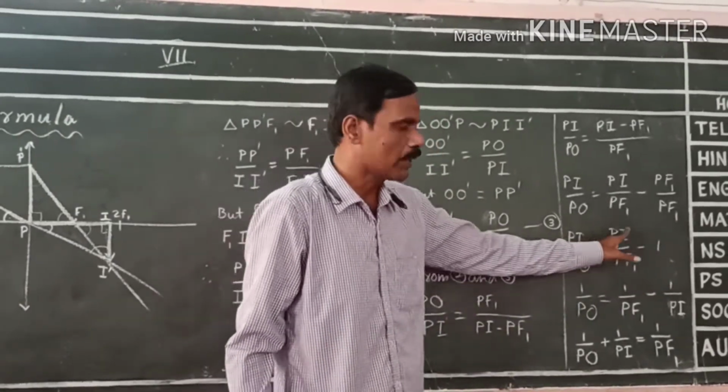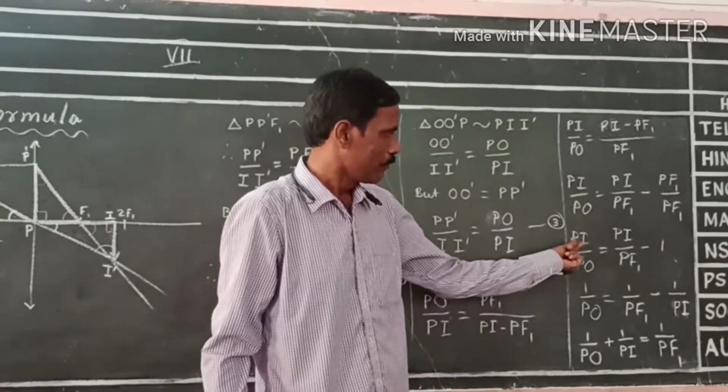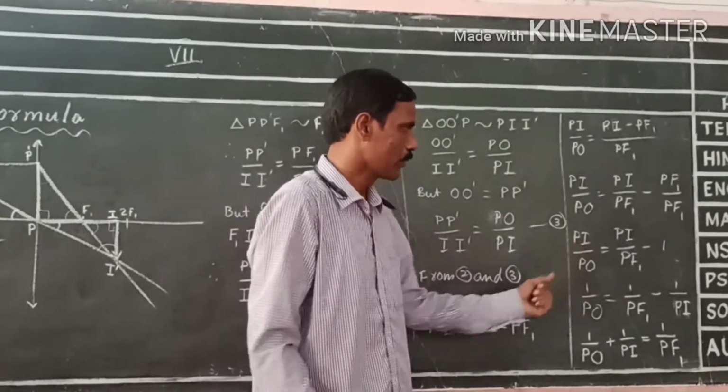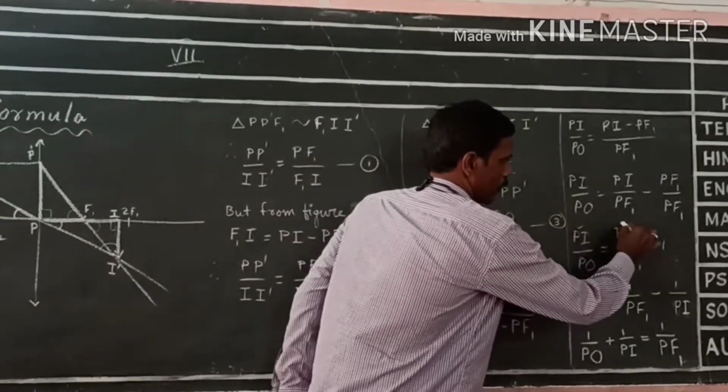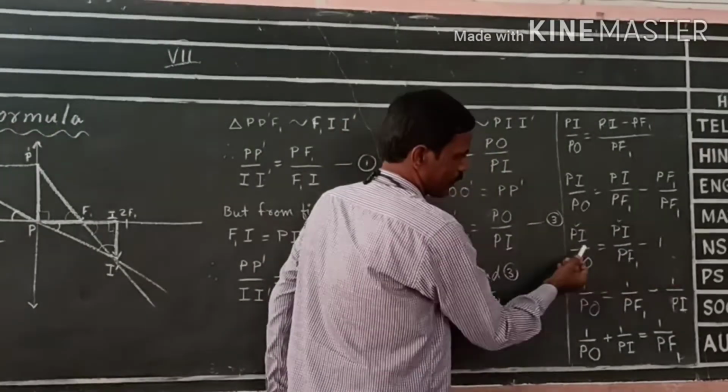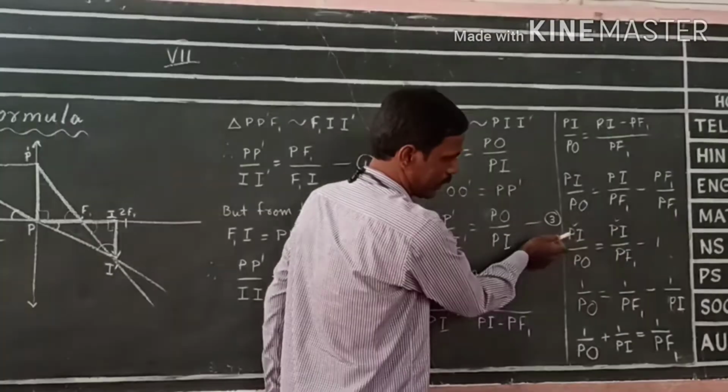Dividing the entire equation by PI, PI will be cancelled.